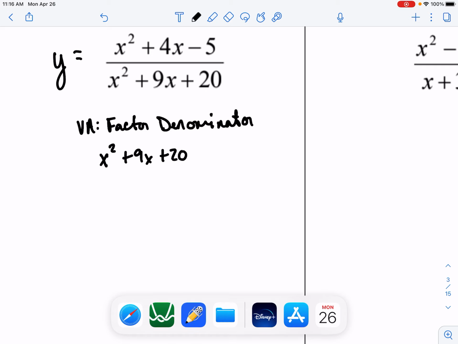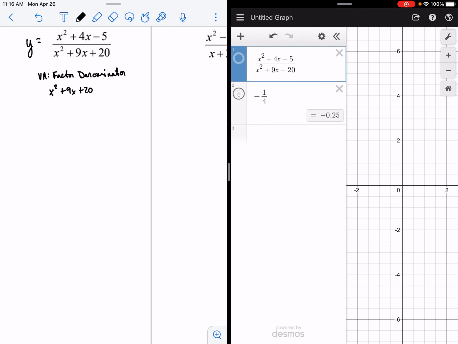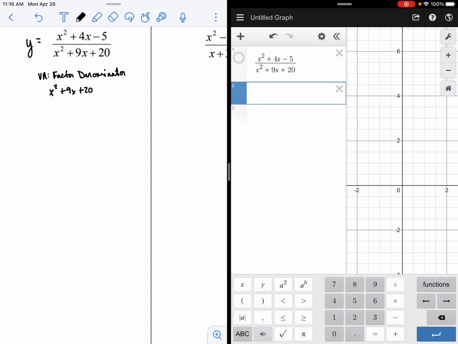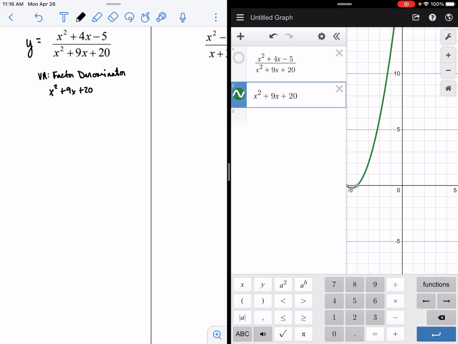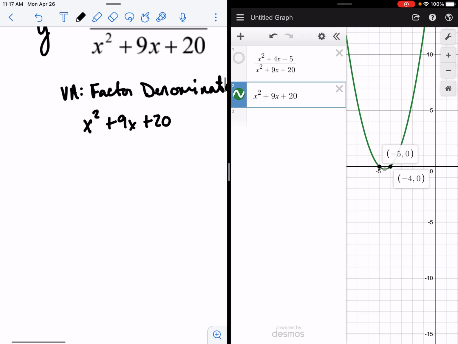Now, if you're not good at factoring, what you'll do is you'll come to Desmos and you'll just type your bottom piece of the function in. So x squared plus 9x plus 20. And we're going to get a quadratic. And we want to find where it crosses the x-axis. So our solution, x equals -4 and -5.